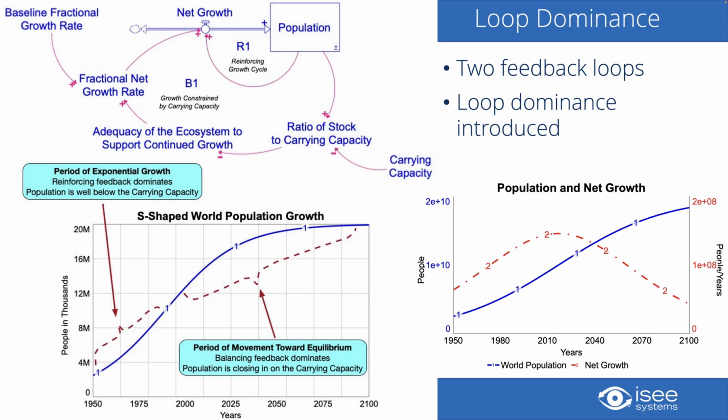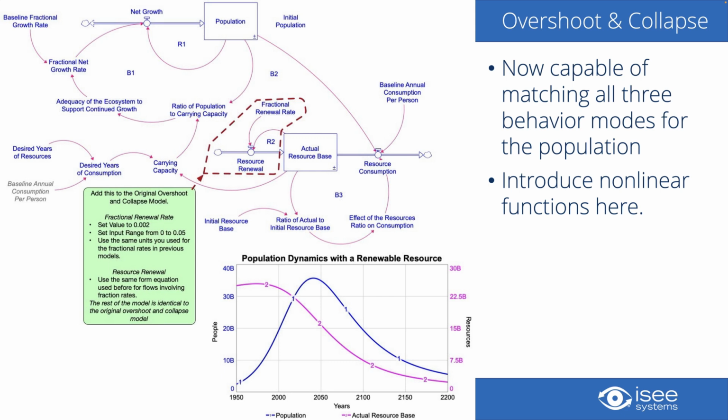I don't use loop dominance so much. I very much like it in Stella, but I like the idea of using the net growth, which on the right is that red dotted line. When the first derivative of that is 0, that's when the loop dominance is actually shifting. So that's another opportunity to introduce loop dominance to students.